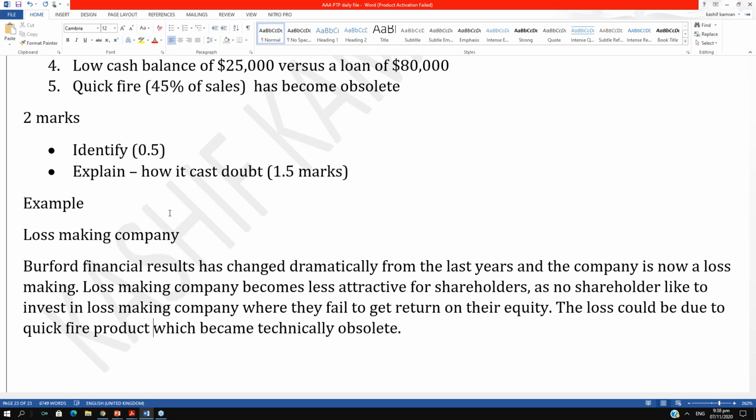So, do you believe a loss making company casts doubt on the going concern status of Burford? Will it become less attractive as a company? And do you believe one of the reasons why they incurred loss was due to the quick fire product which became technically obsolete? So you need to develop your point, right? Once you develop your point, you will get 2 marks. And you go down with writing the answer in the same manner. Just one more point.